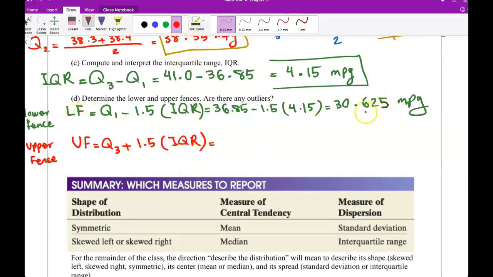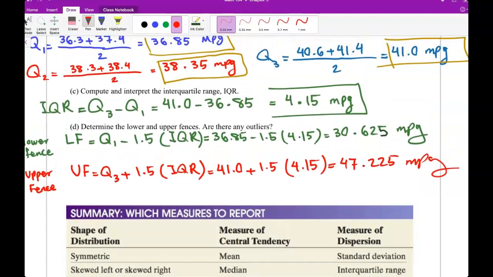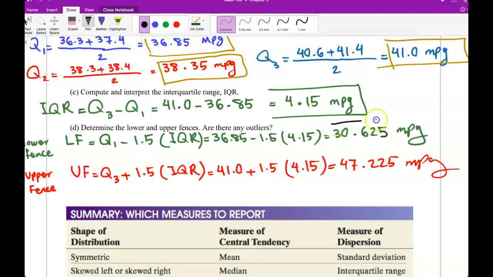So our lower fence is 30.625. Now the upper fence: we have 41 plus 1.5 multiplied by 4.15. That is 47.225. So this is the lower and upper fence, and here is the upper.